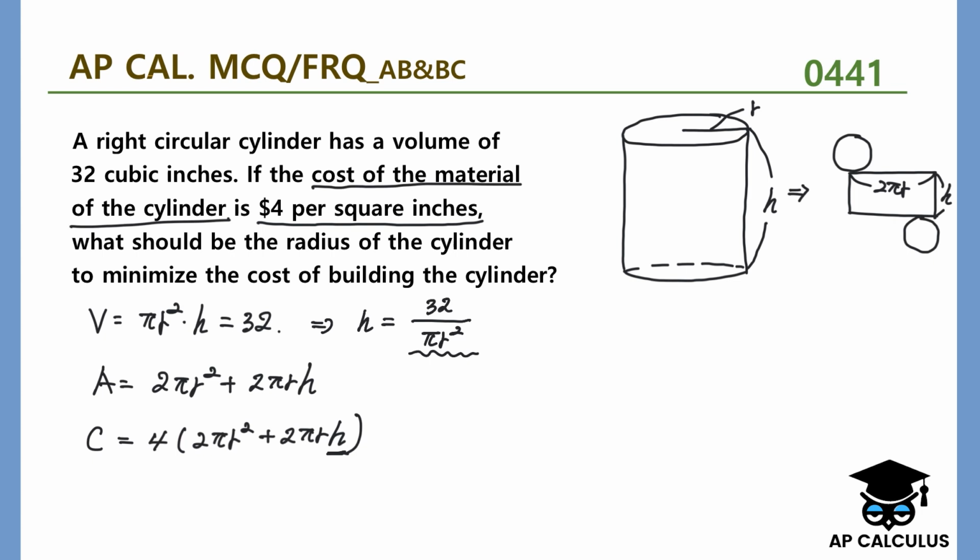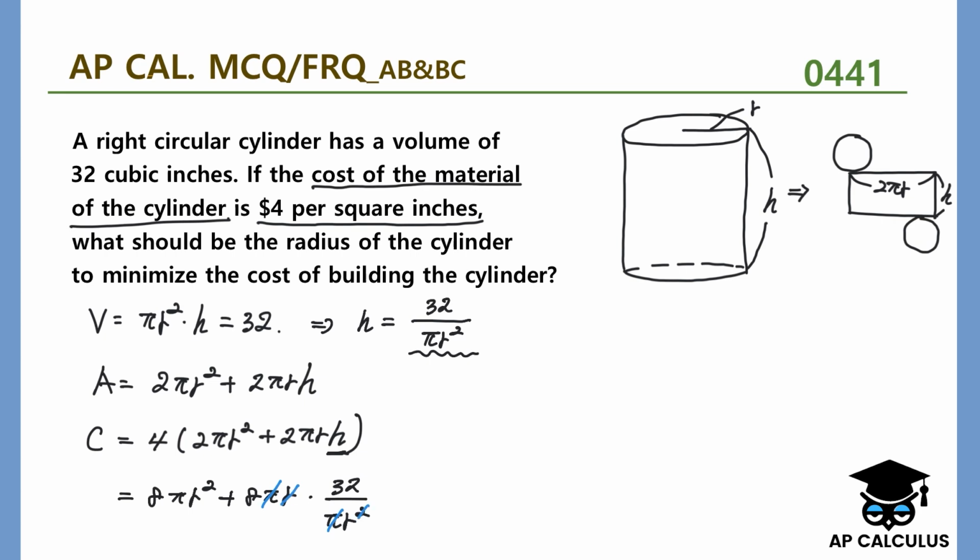So cost is equal to 4 times 2, 8 pi r squared, plus 4 times 2 again, 8 pi r, times h, which is 32 over pi r squared. Eliminate pi, and one of the r's cancels out.